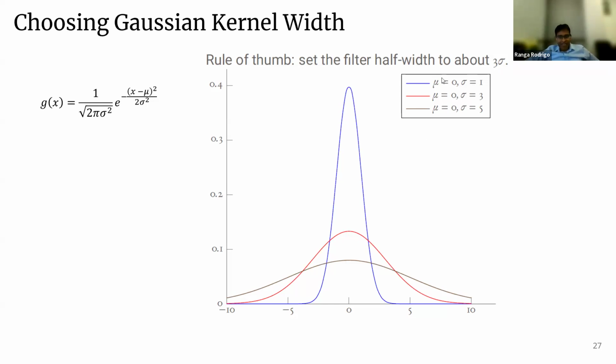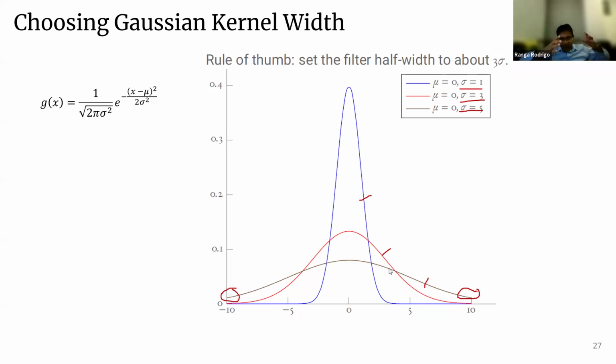I have plotted the 1D Gaussians. You can see sigma equals 1 is the blue curve. Sigma equals 3 is the red curve. And sigma equals 5 is the black curve. You can see the black curve has still not reached zero.